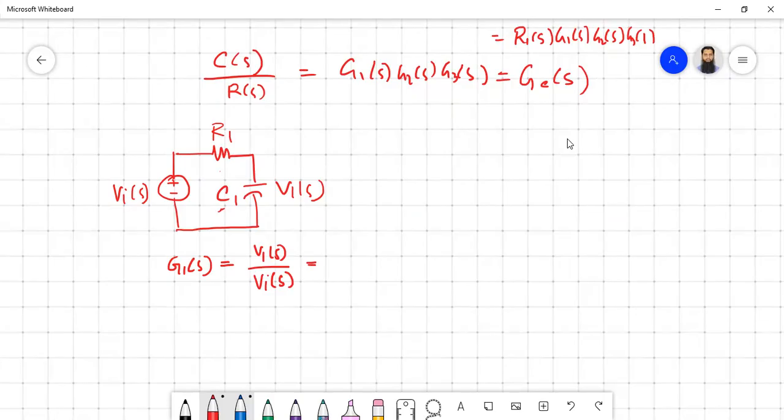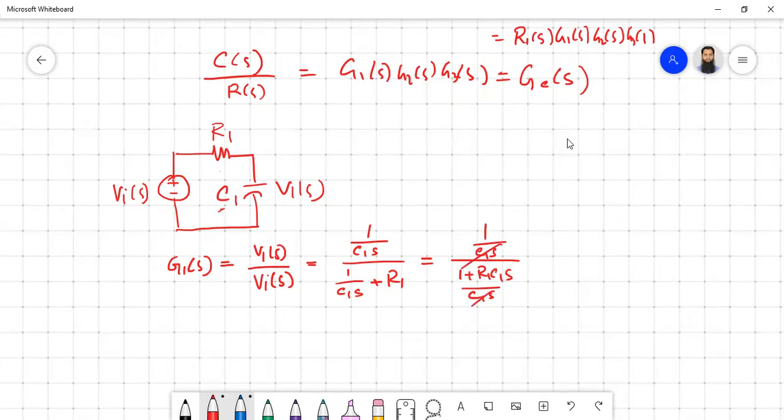So 1 by C1S divided by 1 by C1S plus R1. If you simplify a bit and multiply, it is 1 plus R1C1S by C1S, and in the numerator you also have C1S, so C1S gets cancelled out.